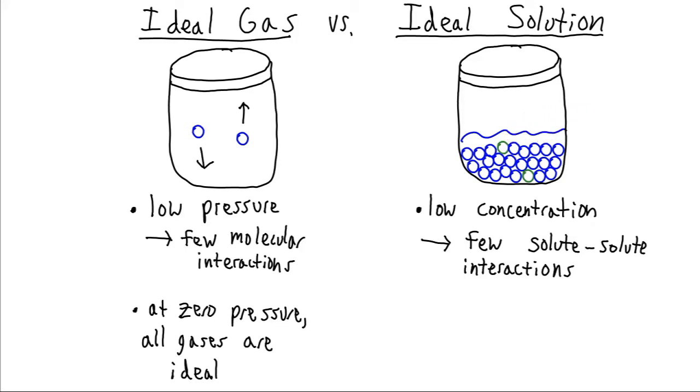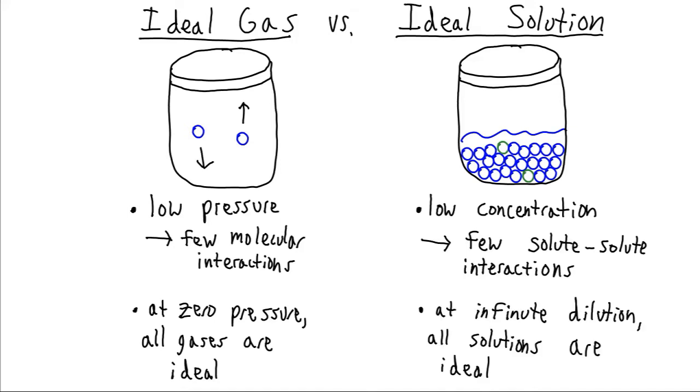We wouldn't have a large effect on the majority of the molecules in the solution. And if we have a dilute enough solution, these solute particles are never going to interact with each other. So their self-interactions are not going to contribute to the way the solution behaves. So we will always have an ideal solution if we're at infinite dilution, with essentially just one molecule dissolved in our solution.